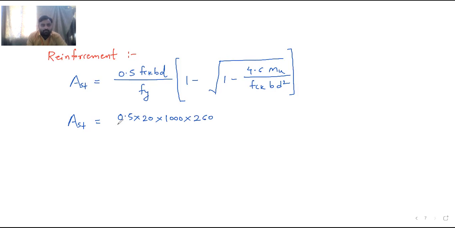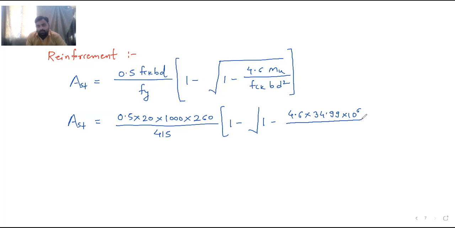For stem, we have provided effective depth 260, divided by fy is 415, in bracket 1 minus square root of 1 minus 4.6 Mu, 34.99 into 10 to the power 6, divided by fck 20. b is 1000 and d is again 260 square. So solve this, you will get the value of area of steel. Solve it and let me know the answer.